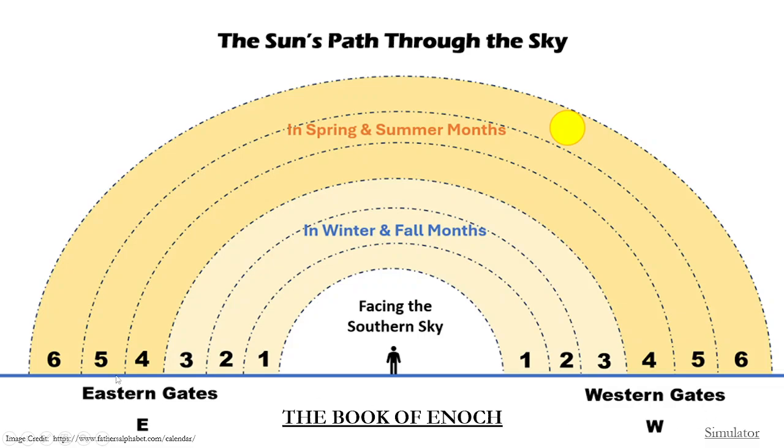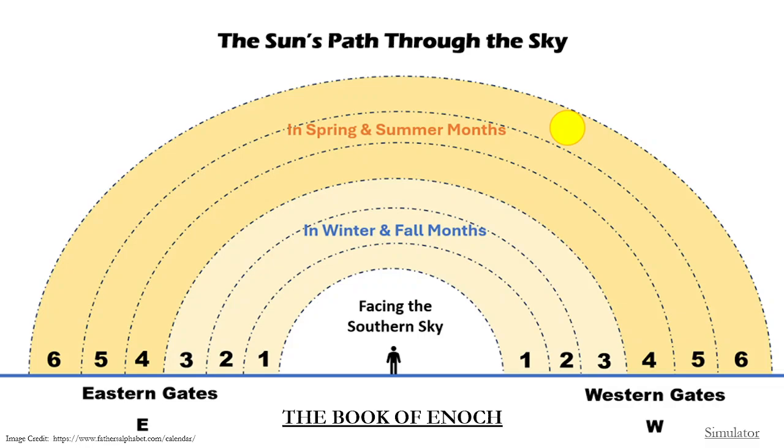Notice that when the sun rises from the east in the sixth gate, it also goes to the sixth gate to the west. When it rises in the east, in the fifth gate, it sets in the west in the fifth gate. When it rises in the fourth gate, it sets in the fourth gate. It does this for all the gates.